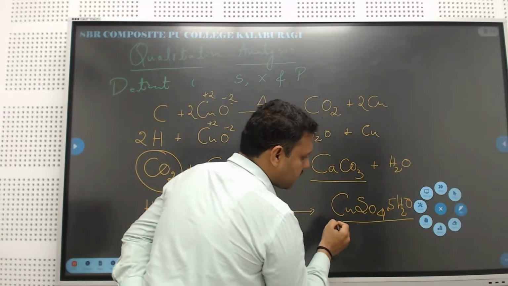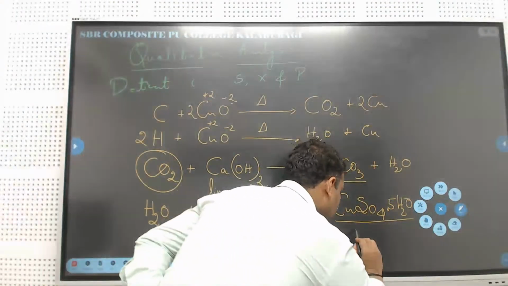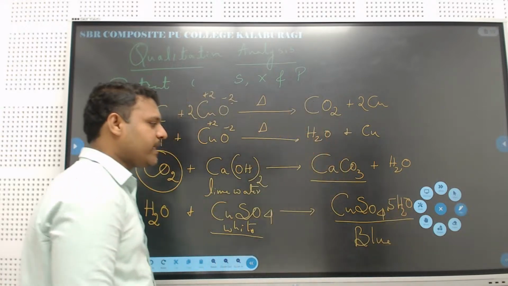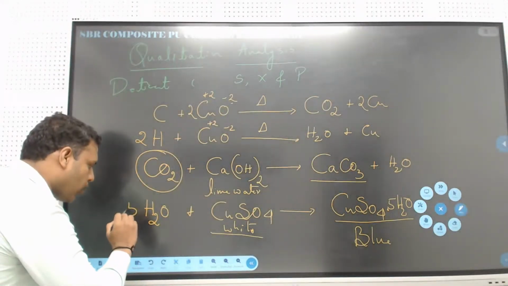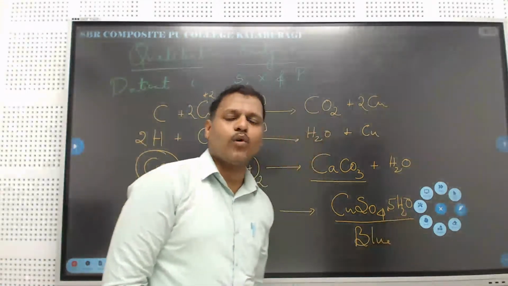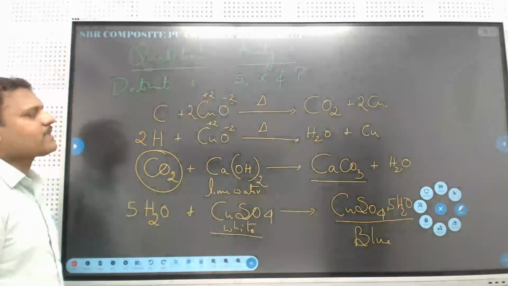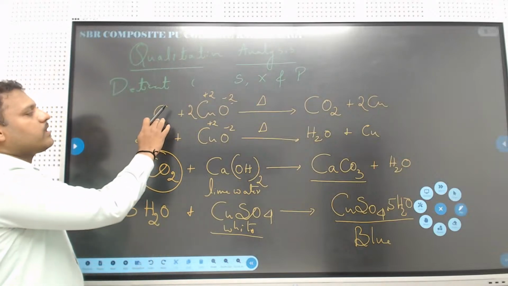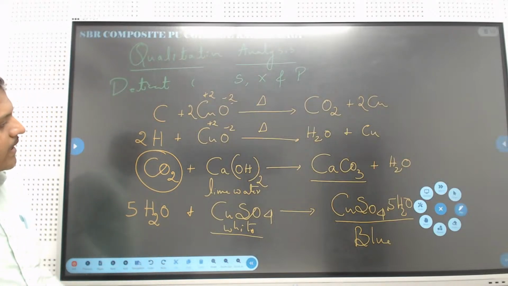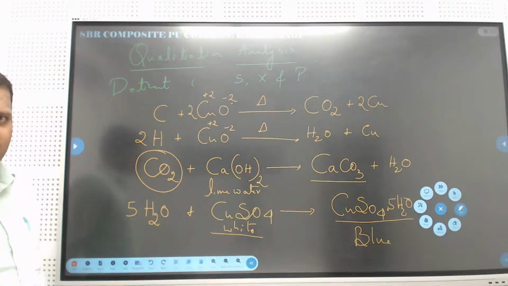At this point, the color of this compound will be blue, or simply it is hydrated copper sulfate, accompanied by 5 molecules of water. Thus, the presence of carbon in the organic compound can be detected by these reactions.